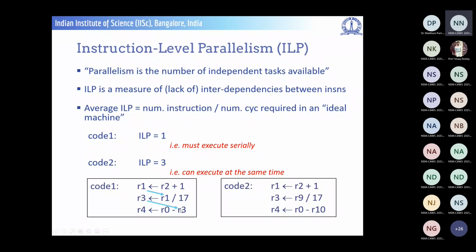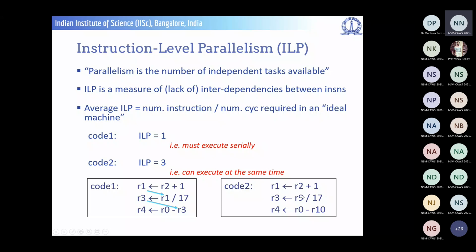So there is essentially no instruction level parallelism; in this case ILP equals 1, because no more than one instruction can be executed in parallel, as they are dependent.